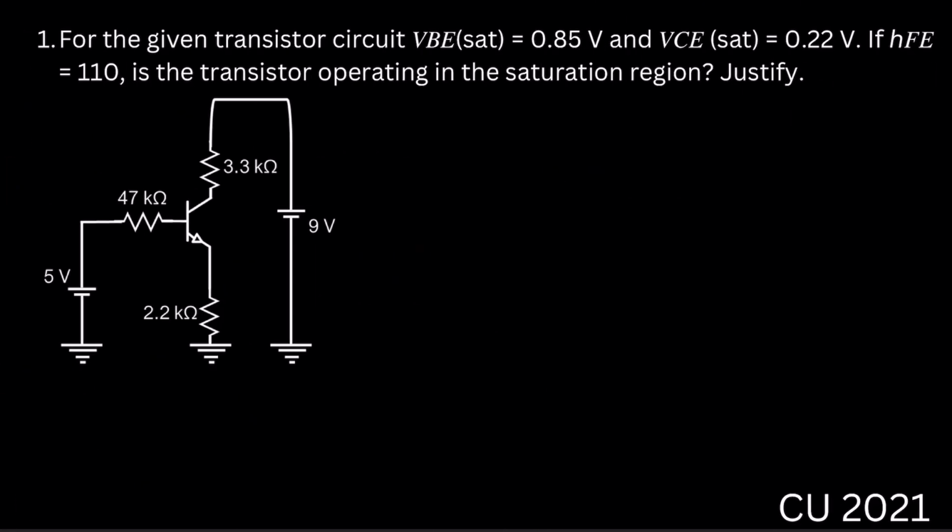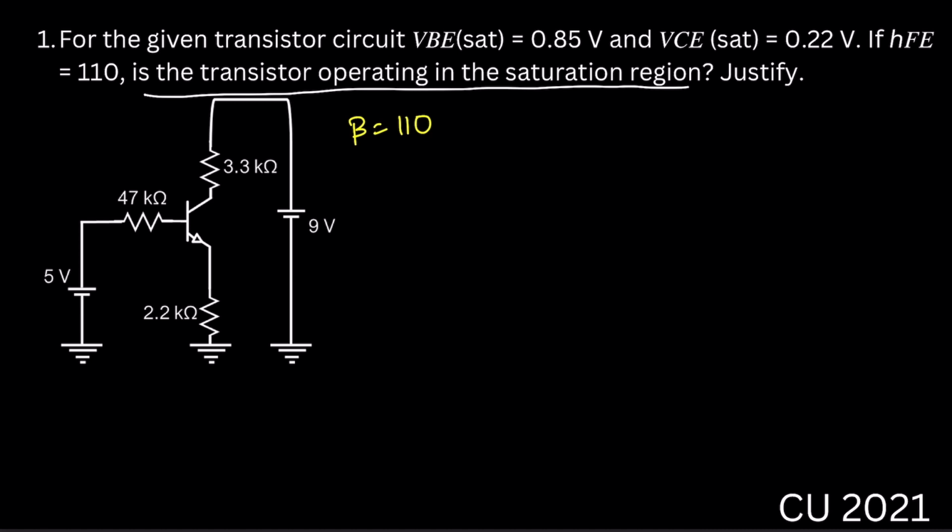So we already completed the 2022 question. This is 2021. In this question, they provided beta equal to 110. The question is the same: is the transistor operating in the saturation region? That means they are just asking in which region the transistor is operating. So the process will be the same as the previous question.